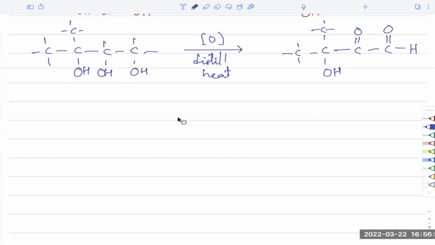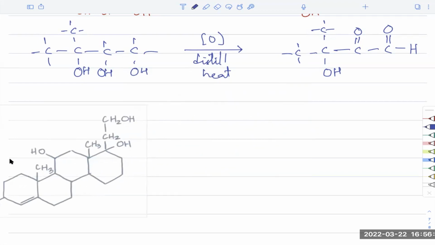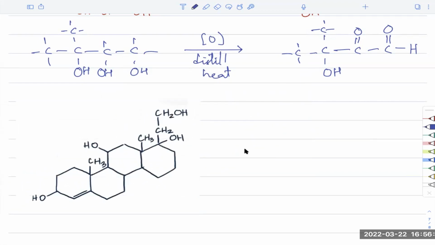Let's try a slightly difficult problem. Again, as long as you understand where the oxygen is and whatever is happening, you won't have any trouble. So again, we have to oxidize this, right? First, identify where the OH group is. OH is here, here, here, and here.